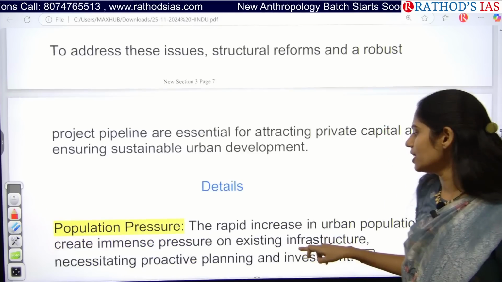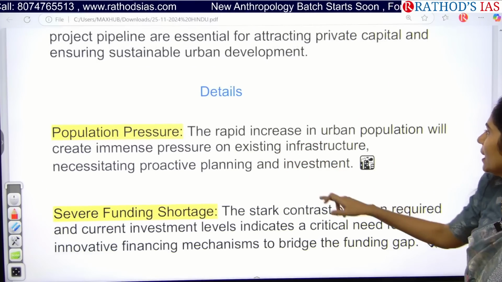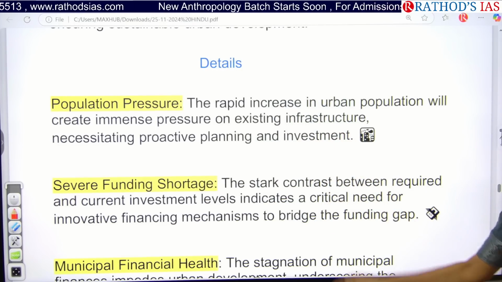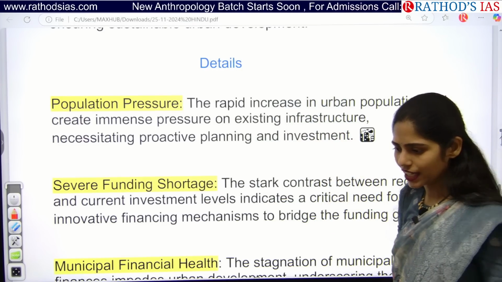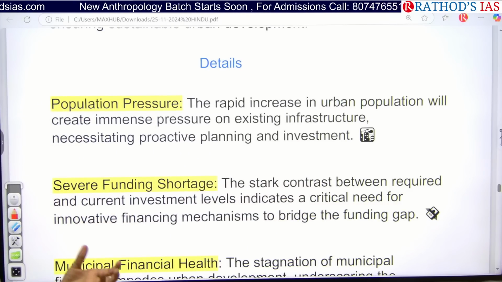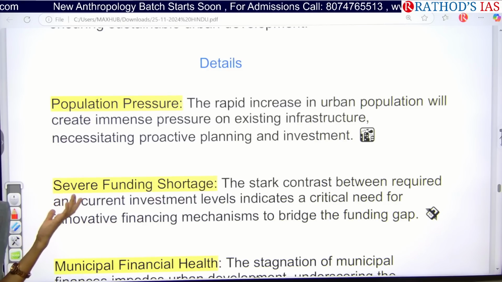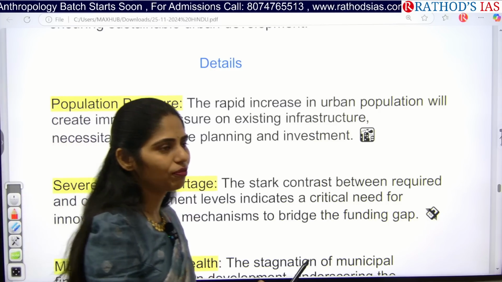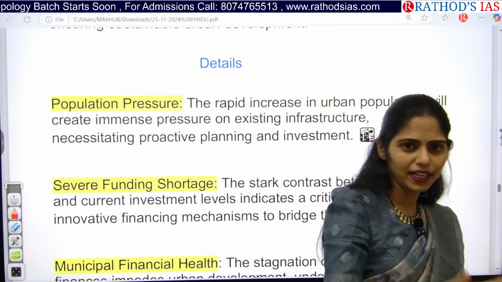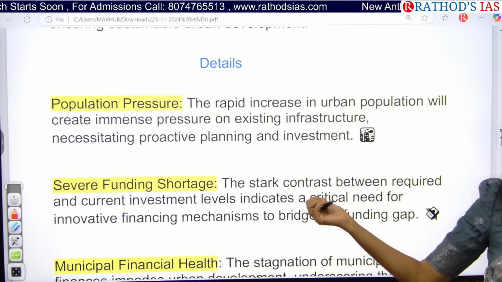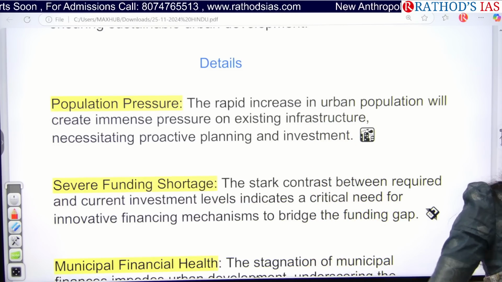Okay, so this article is saying that there is a rapid increase of urban population that will increase the pressure on existing infrastructure. For example, if you have 10 buses providing services and the population increases, will those 10 buses be enough? No, right? For example, if you have a small lane of road with a capacity of passage of, say, 100 buses or motors per day, then with the increase of population, obviously there will be an increase in the movement of vehicles.